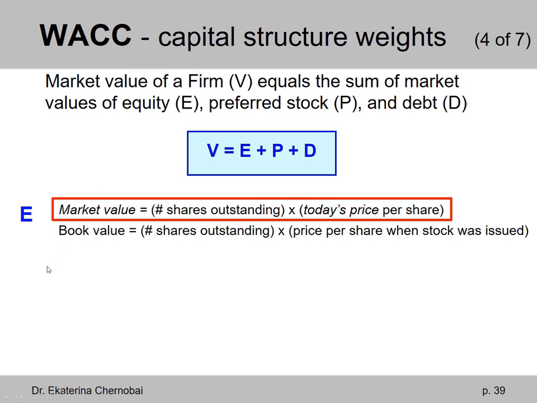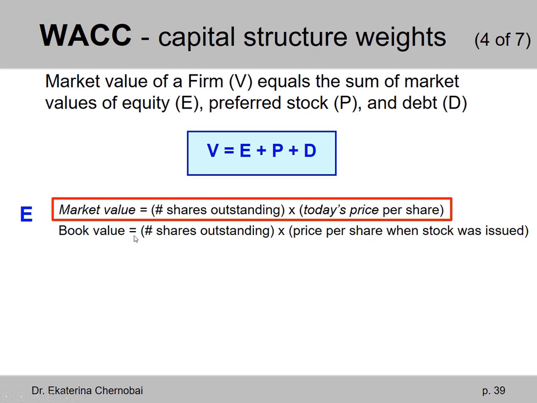For example, let's look at the first component of this sum, E, capital E, which stands for equity. What would be the market value of equity, and what would be the book value of equity? The market value of equity would be equal to the number of shares of stock currently outstanding multiplied by today's price per share.